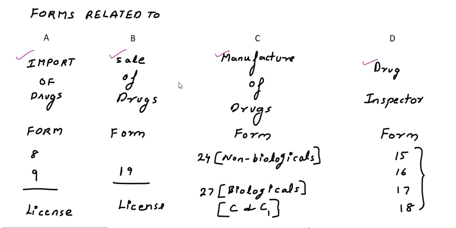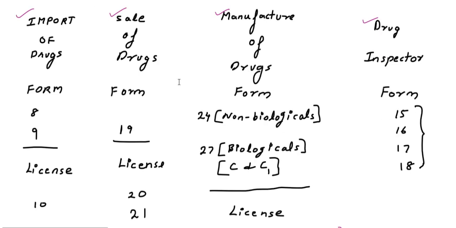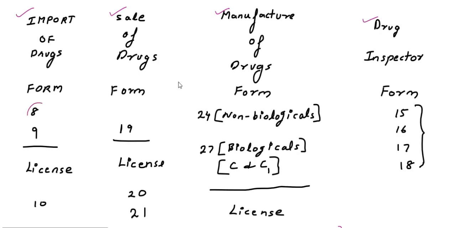For import of drugs, we have different forms such as form 8 and form 9, and the license we will get will be in form 10. Similarly, for sale of drugs, the most important is form 19. Different numbers are related to form 19. We'll discuss that in detail, but the license you will get is in the form of form 20 or form 21, depending upon various factors that we'll see.